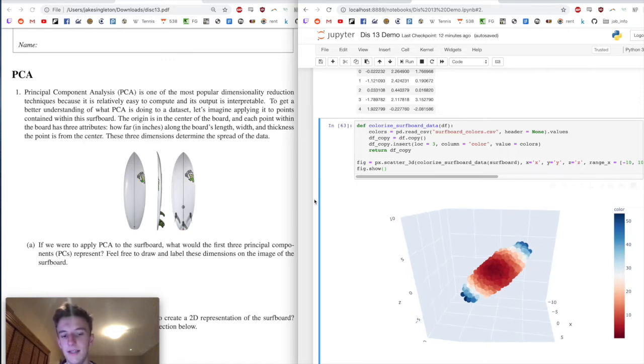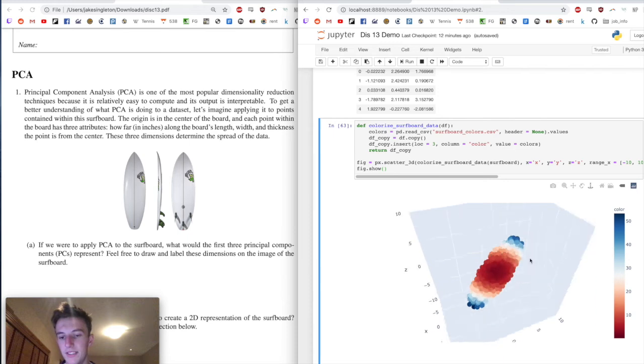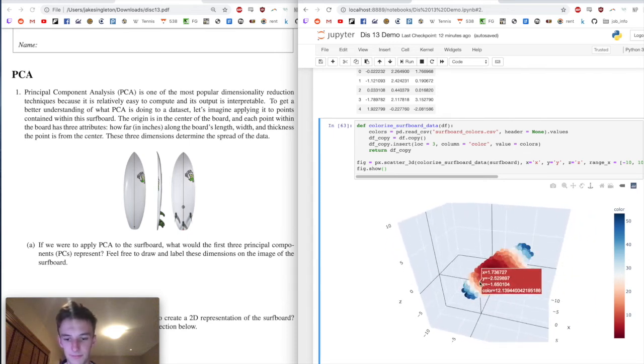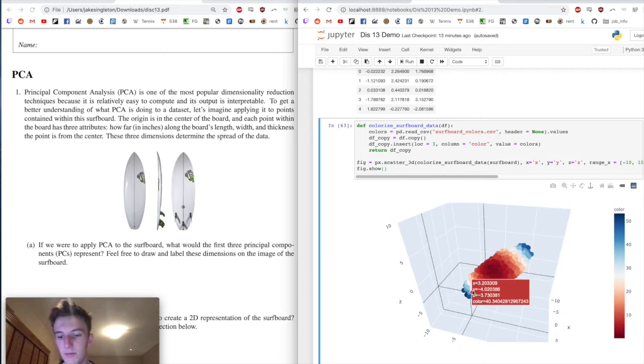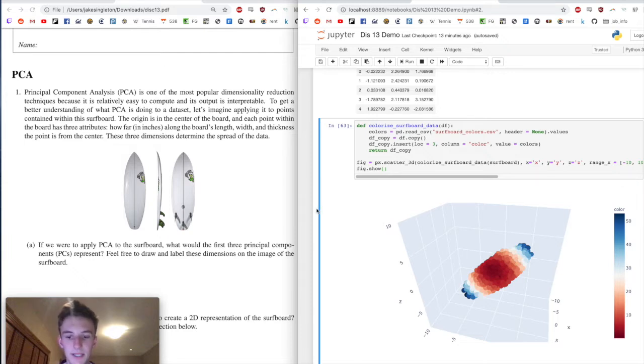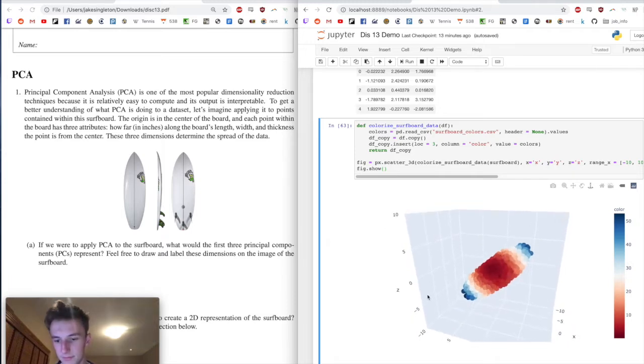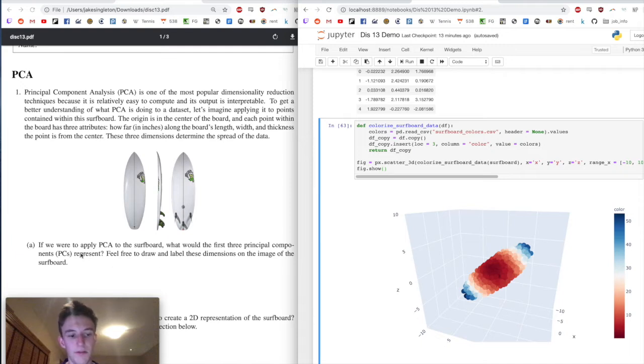If we want to reduce this 3-dimensional data down to maybe 1 or 2 dimensions, we want to preserve as much information in this data as possible. The way PCA accomplishes this is by choosing the directions in the data that maximize the variance. Part A asks us to choose the first 3 principal components between length, width, and thickness.